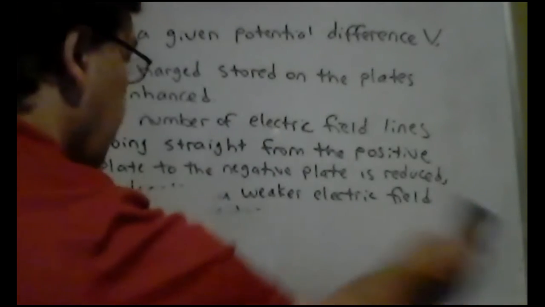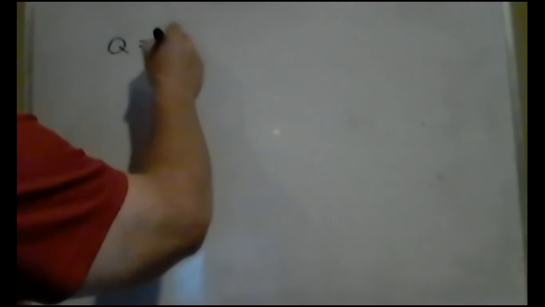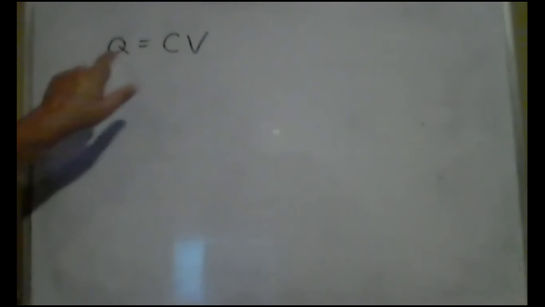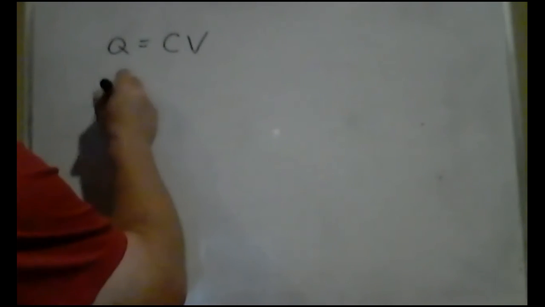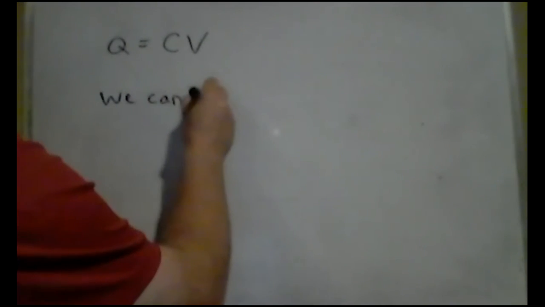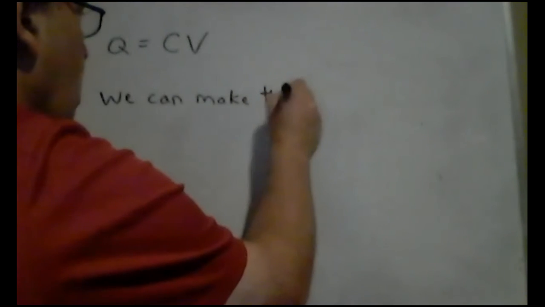So what does this mean? Essentially, I want to put as much charge as possible for a given potential difference. So we can make the separation distance smaller.